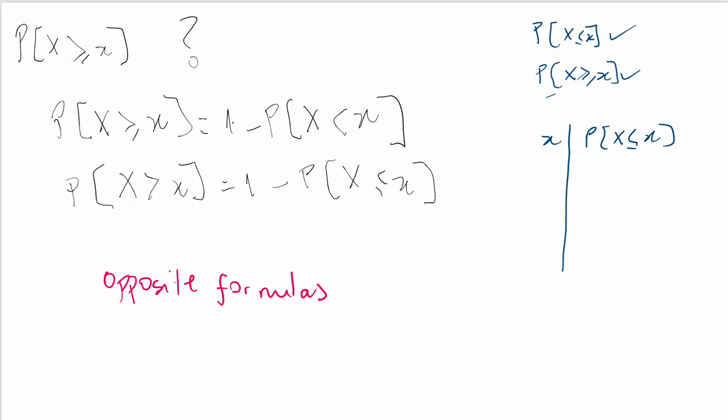When you use the opposite formula, you're left to find a probability that is less than or less than or equal to, which you can find in the table, right? You can come here and say, oh, it's this value, okay? So let's do some exercises just to experiment with the opposite formulas, okay?